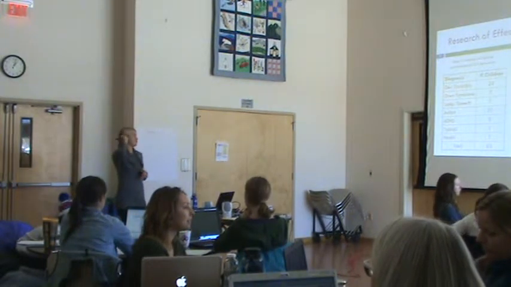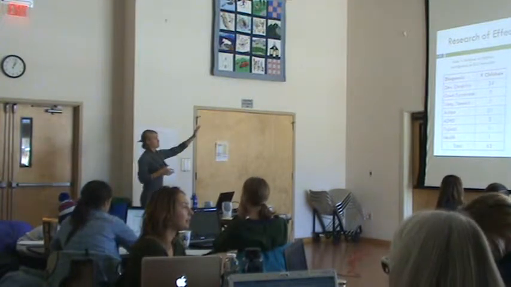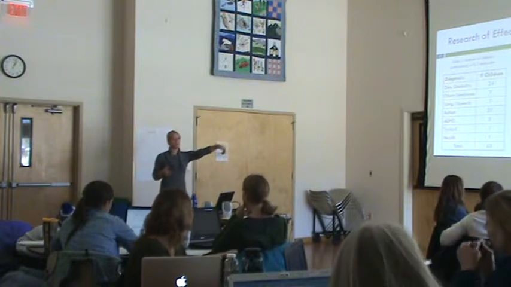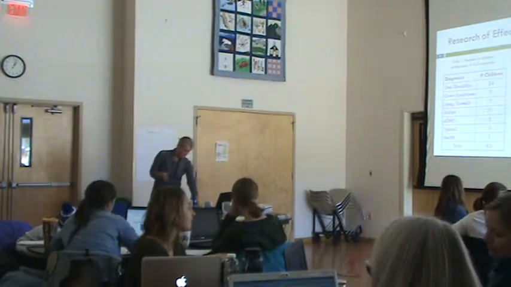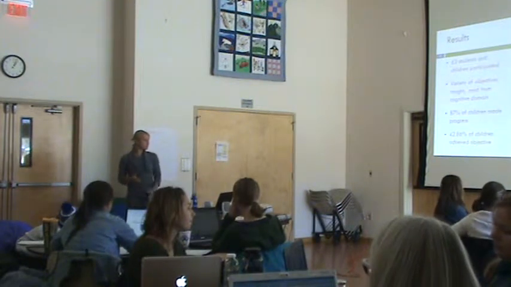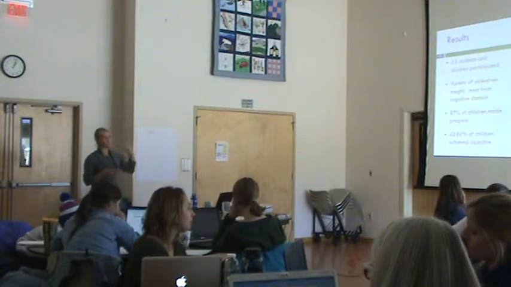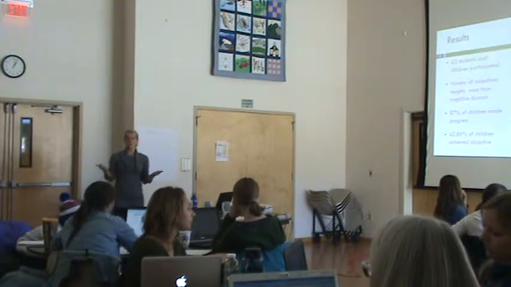So in this study, she used a number of children. You can see on the right-hand column how many children. They participated in embedded learning opportunity instruction. Now, the results of the study showed us that 80% of children made progress. So 80% of those 63 children made progress. Do you agree with me?